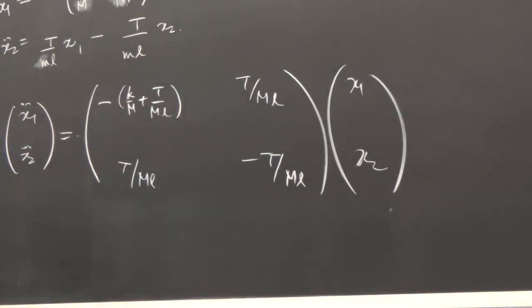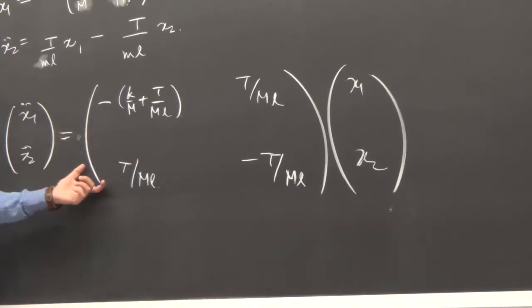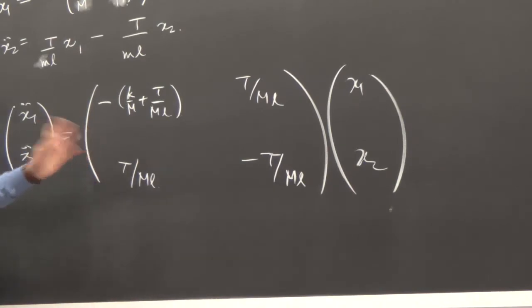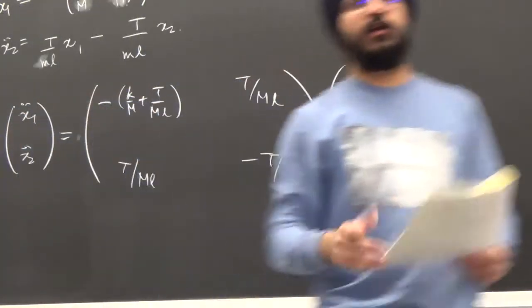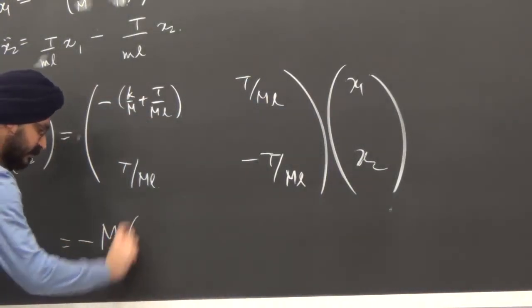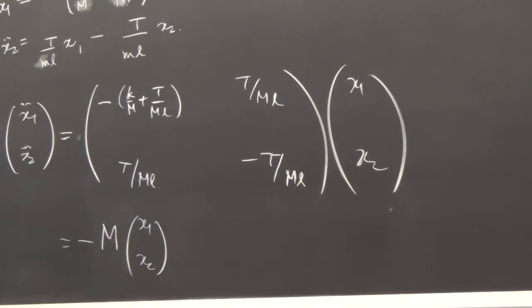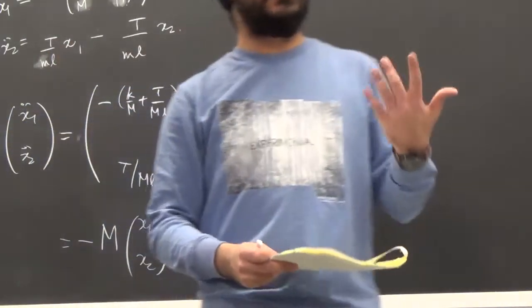If you want a more conventional form, I can pull the minus sign out from this 2 by 2 matrix. We called that minus m, the whole thing, in class before. So what was the whole deal? If I write this down as a matrix minus m times x1, x2, you can find the eigenvalues of this matrix m. And those eigenvalues are the normal mode frequency squares.